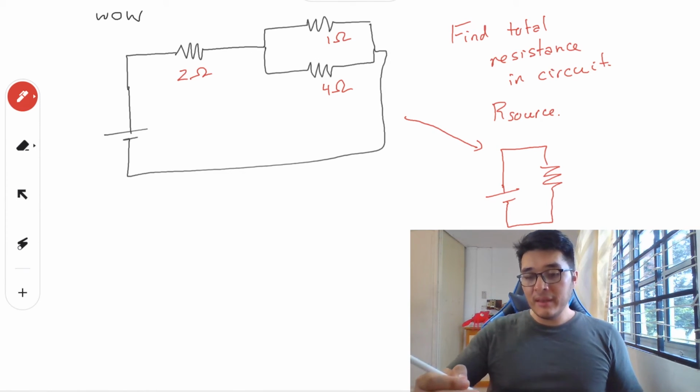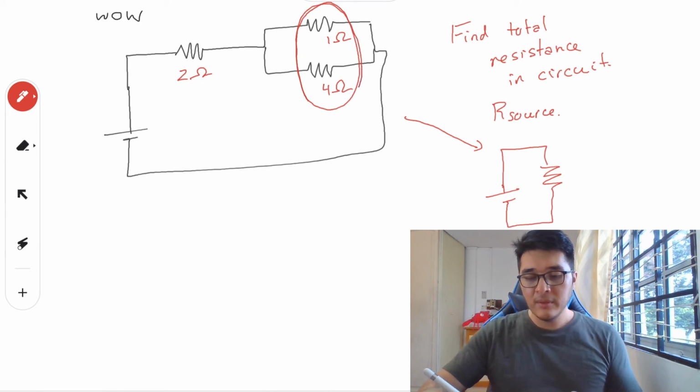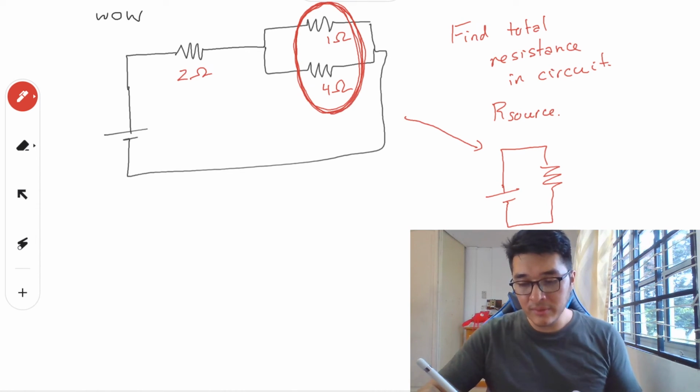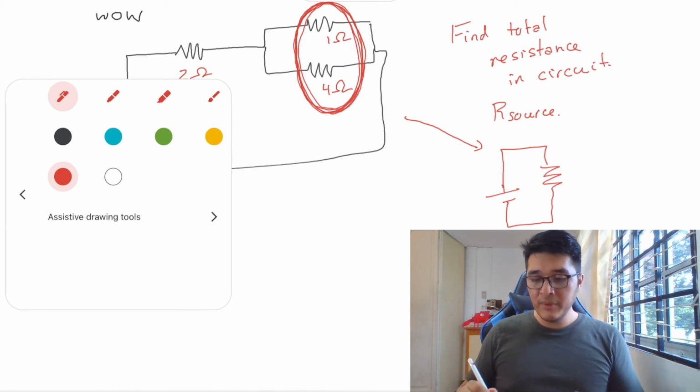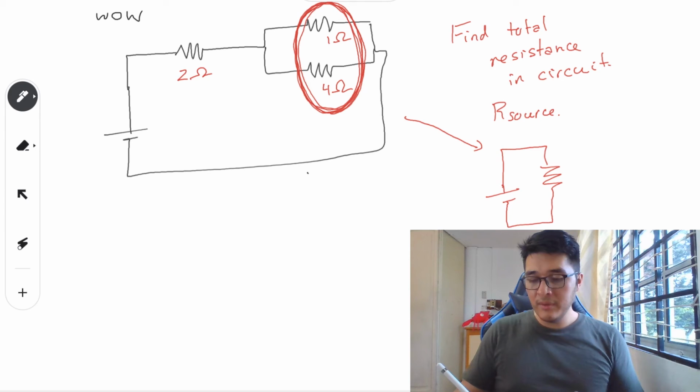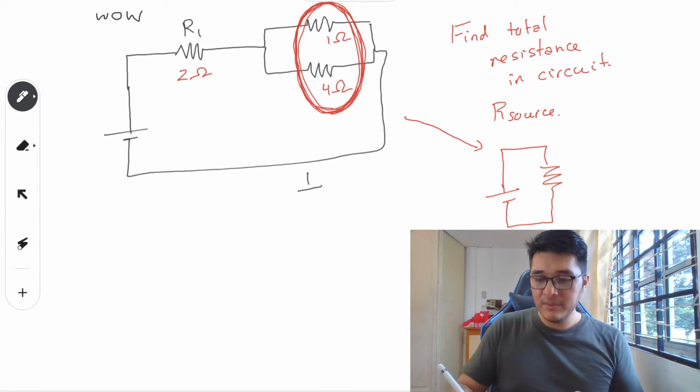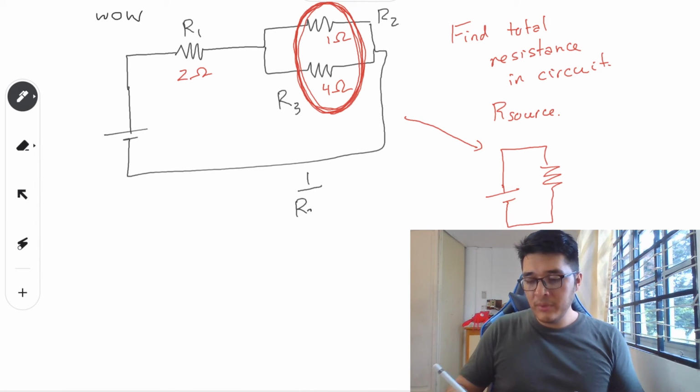So what I mean by that is to find the equivalent of two resistors at a time, you consider the ones in parallel first. So how do you find the combined effect of these two resistors combined? The formula that we're going to use, sorry, let's give this some names so it'll be easier. 1 over R23 will be the sum of 1 over R2 plus 1 over R3.